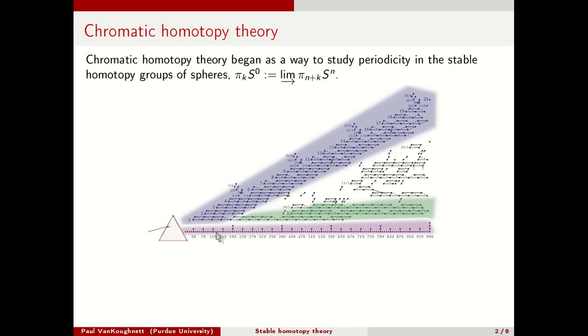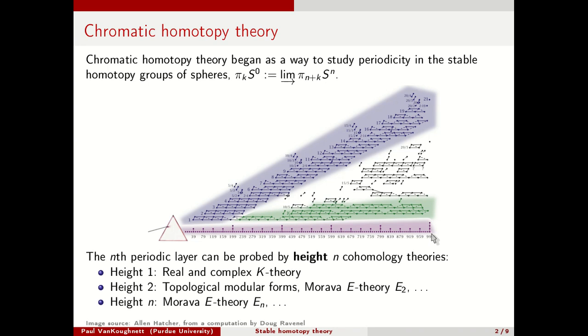And each of these different wavelengths can be probed by using different kinds of cohomology. So the idea behind chromatic homotopy theory is that there is a filtration on the entire stable homotopy category called the height filtration, and height n cohomology theories reveal certain periodic patterns inside stable homotopy groups.